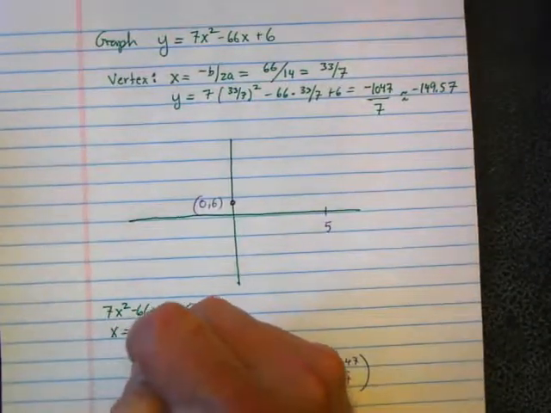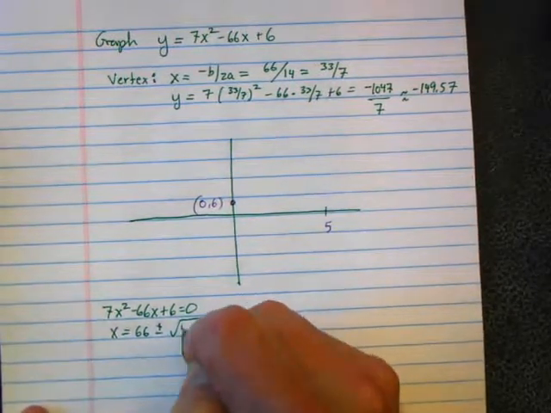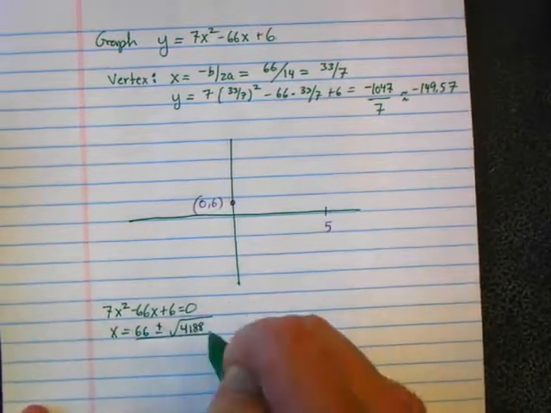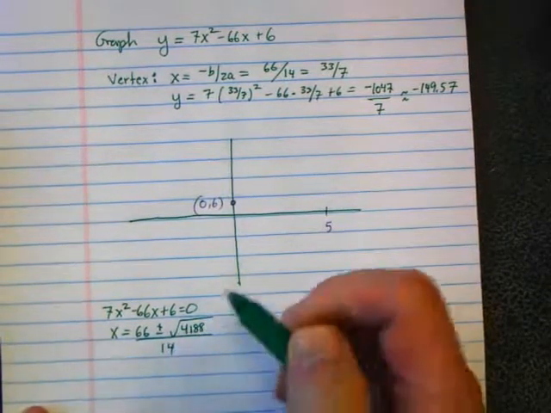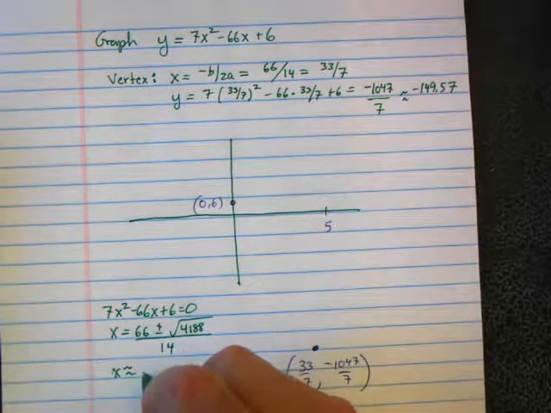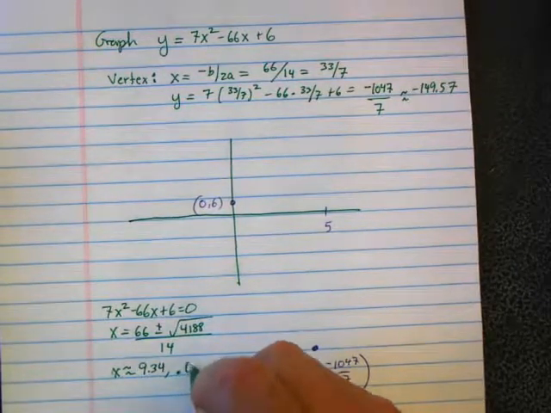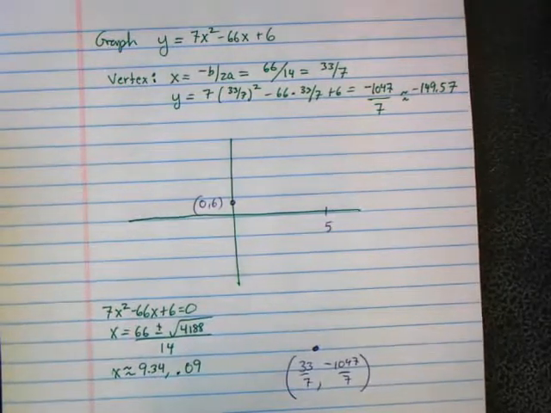x equals 66 plus or minus the square root of 4188 all over 14. And that's approximately 9.34 and 0.09, rounding off to 2 decimal places.